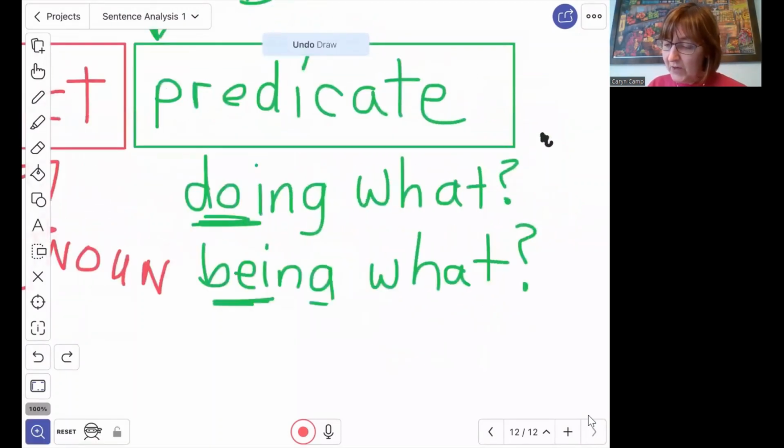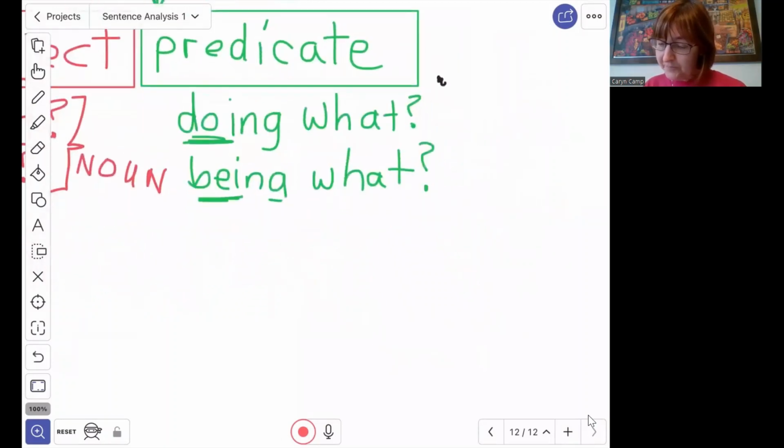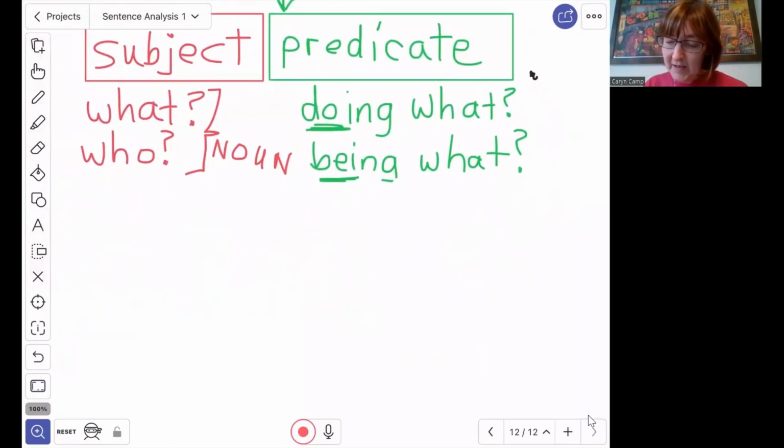Now we're going to be looking more at the predicate and asking what other questions the predicate can answer. It can answer the question when or where or how. So let's look at some examples. I'm trying to remember what examples I used.